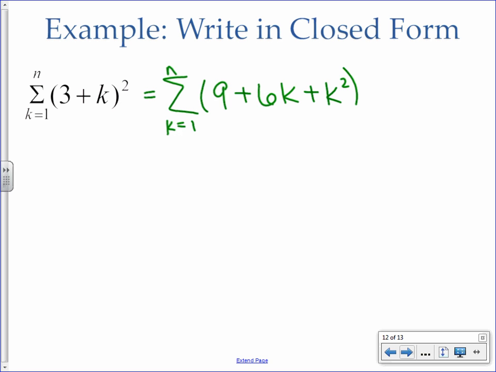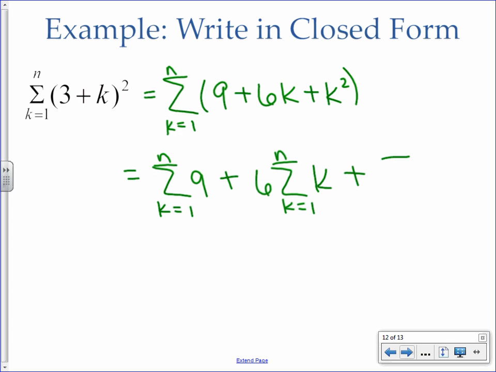Okay, so we have the sum of k equals 1 to n of 9, plus, I'm going to break it up, 6 times the sum, k equals 1 to n of k, plus the sum from k equals 1 to n of k squared. This is not closed form. Now we need to write the shortcuts.